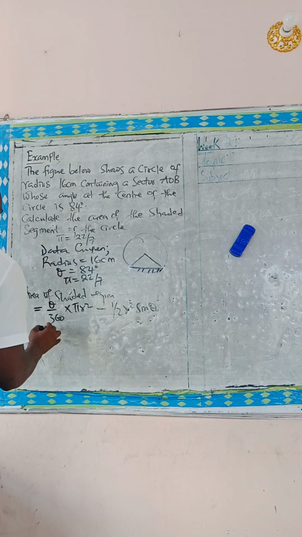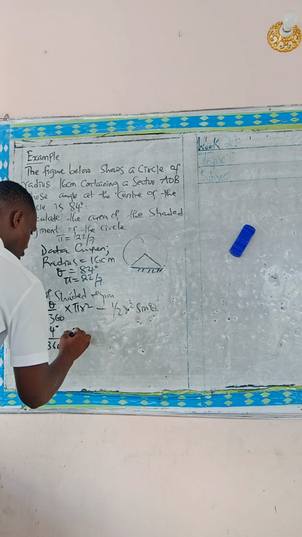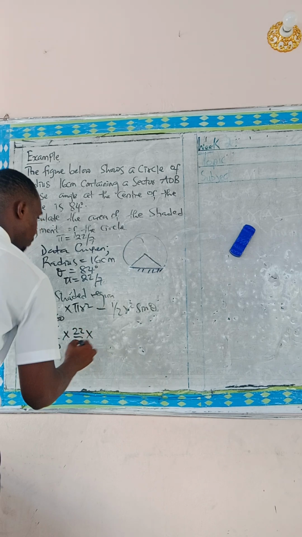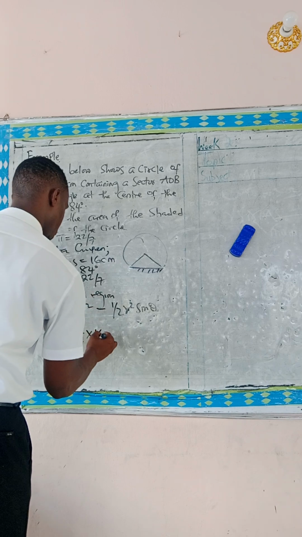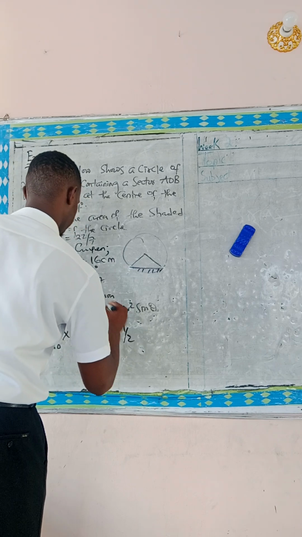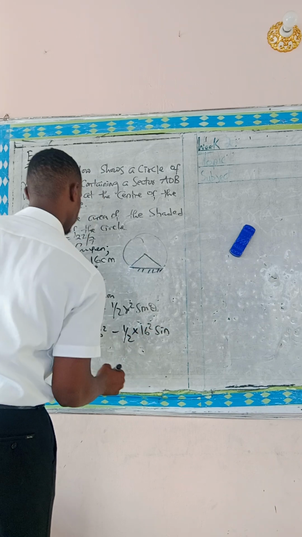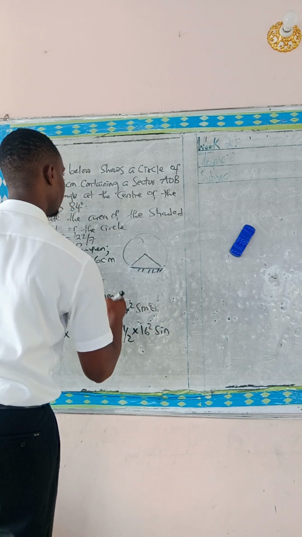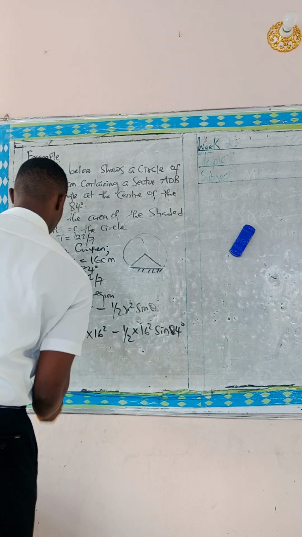You have 84 degrees all over 360 times 22 all over 7 times the radius, 16, square, minus half radius, which is 16, square sine theta. The value of theta is 84, so sine 84 degrees.